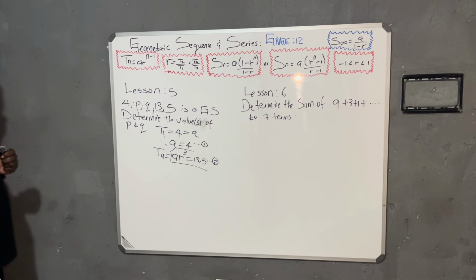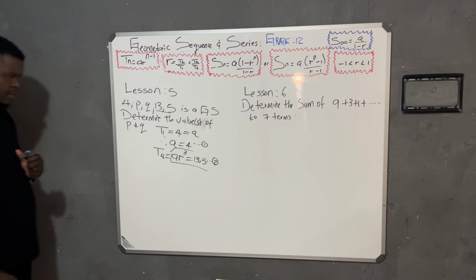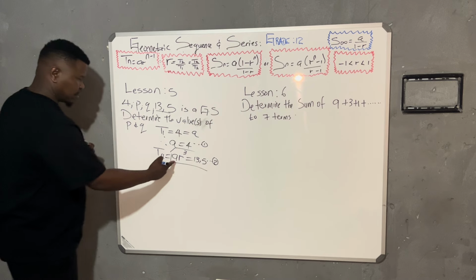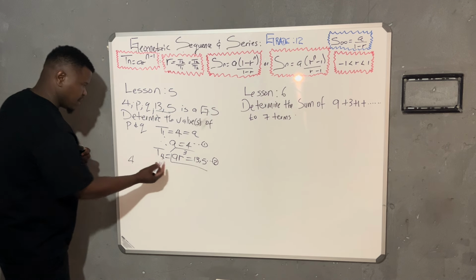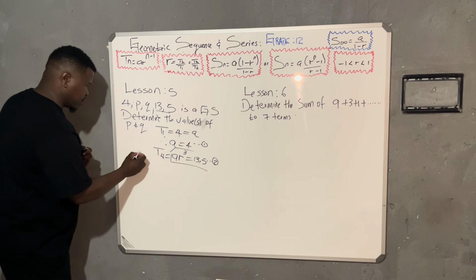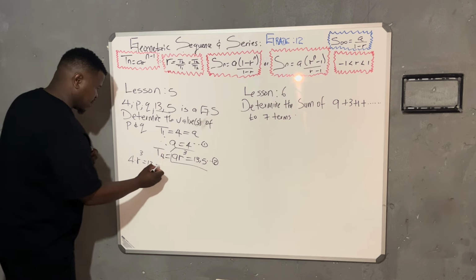Just like the previous one, there's something obvious now. Where there's A, we can put 4 straight. So I'm going to have 4 times R, which is what I don't know, equivalent to 13,5.